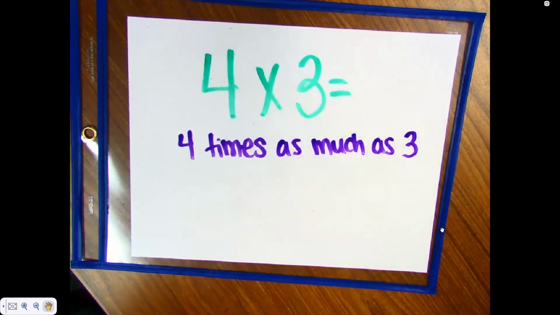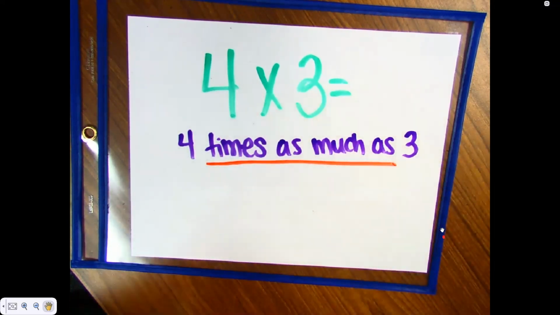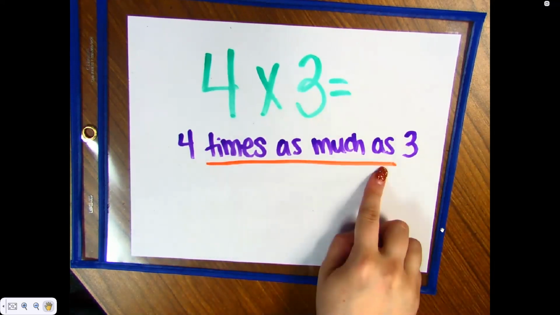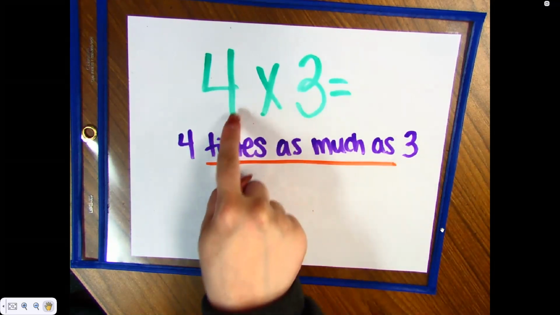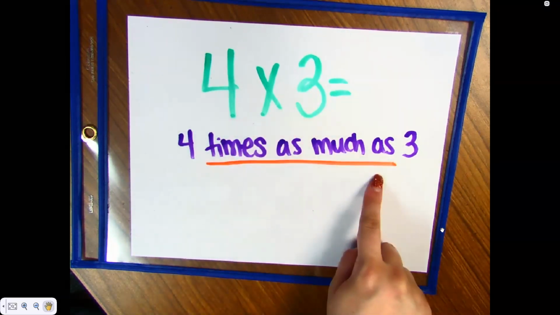So my vocab words in here are times as much as, right? So the important words that I know are times as much. Because if I have a word problem that uses times as much as instead of 4 times 3, I have to be able to know what that means. Okay?